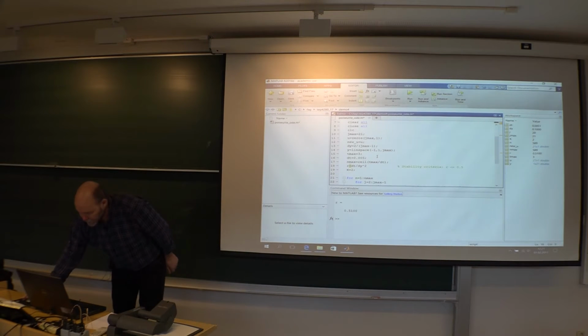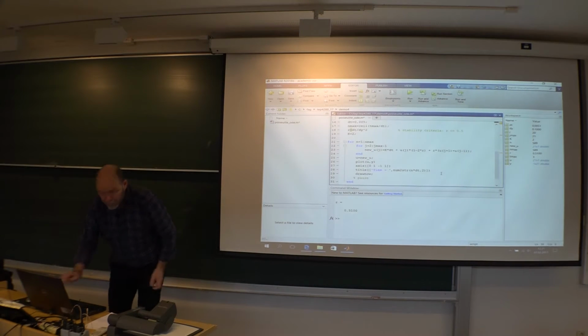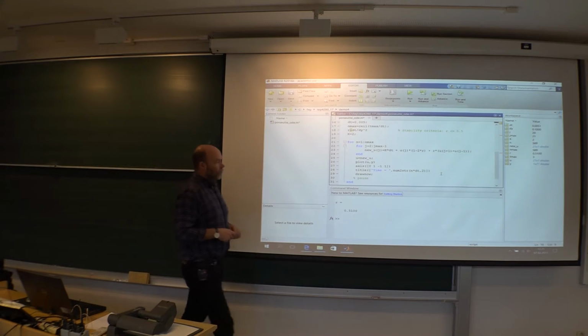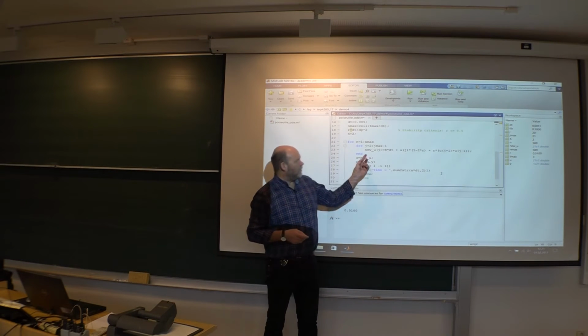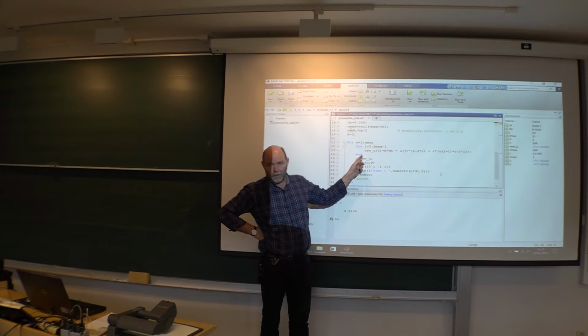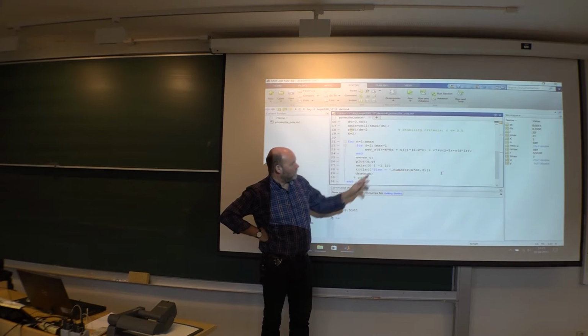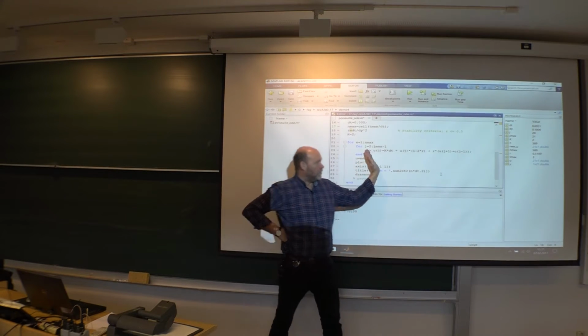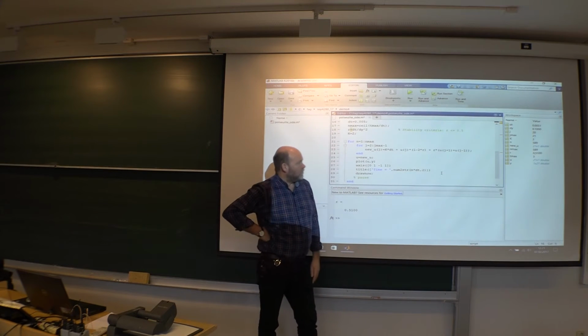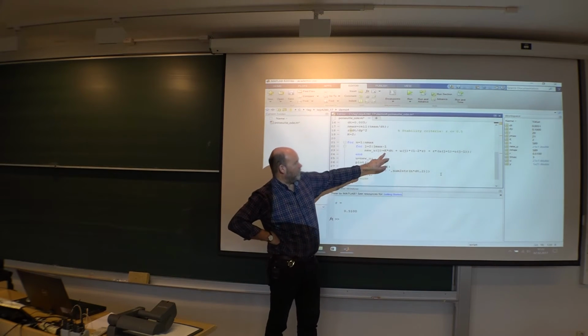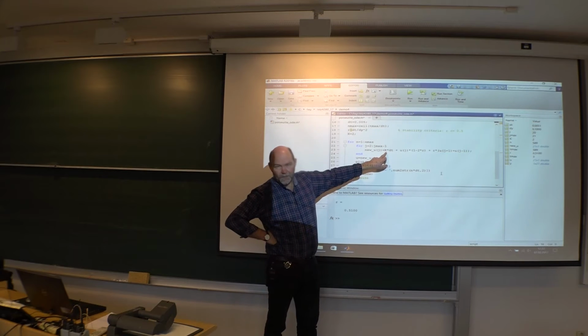How to find that stability limit? I showed you last time, but we can quickly repeat it. Here you have the internal loop. So you have a new velocity based on old values. First of all, we have a source term here, which we then skip.